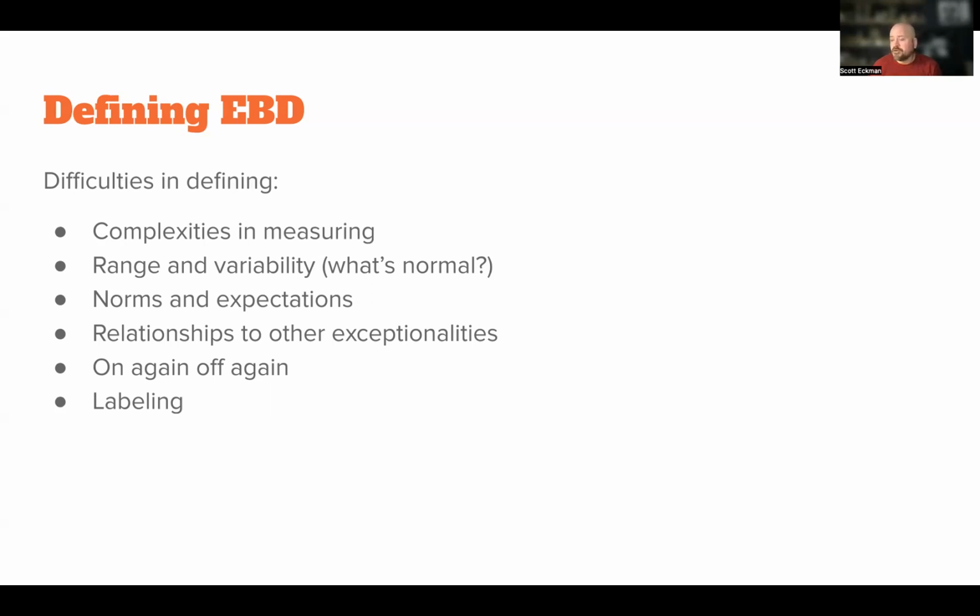But I guess the biggest thing I think about with these difficulties is, again, it is going to come down to the people that are involved. And we know that a behavior could be considered deviant or defiant or disrespectful, and all those different things that we have when we think about behavior and discipline.